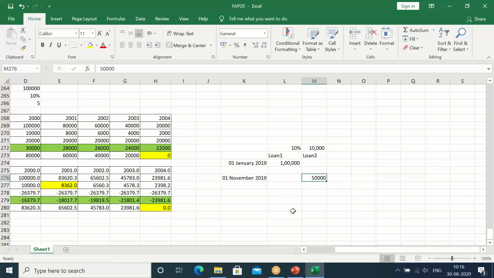Now, in this case, the interest for the entire year would be, on this 1 lakh rupees, the interest for the entire 12 months will be charged. If our accounting period is from Jan to December, on this loan one, which is 1 lakh rupees, the entire 12-month interest will be charged.